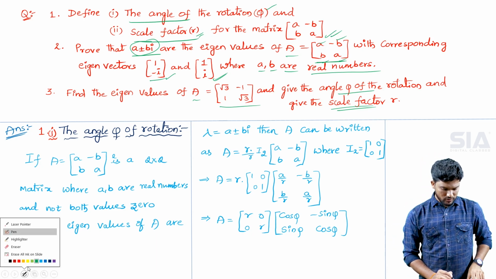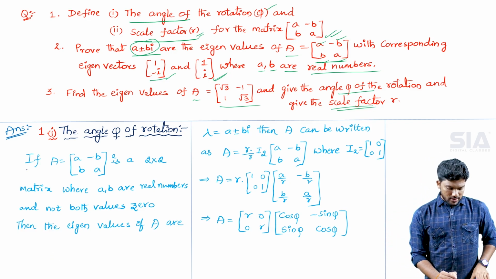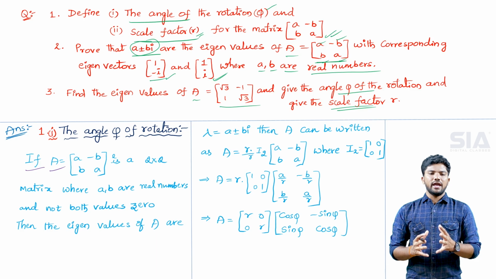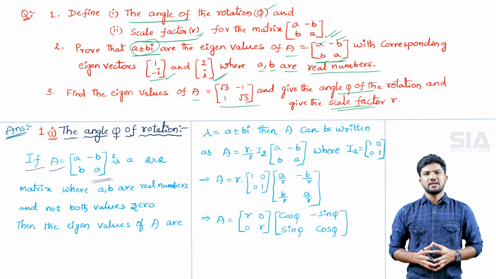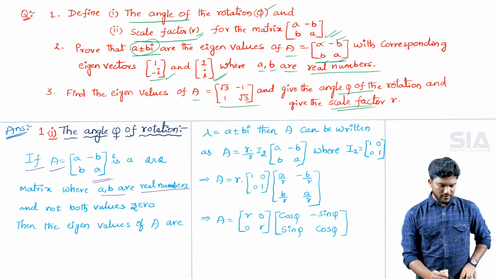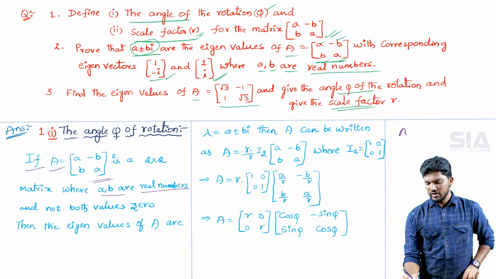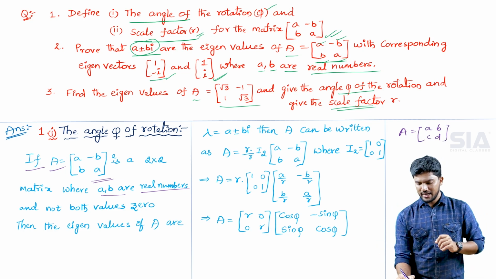So first of all, we are going to discuss the definition of angle of rotation. If capital A = [a, -b; b, a] is a 2 by 2 matrix where a, b are real numbers. Whenever you get capital A, randomly we can take capital A as [a, b; c, d], the regular notation for 2 by 2 matrices.